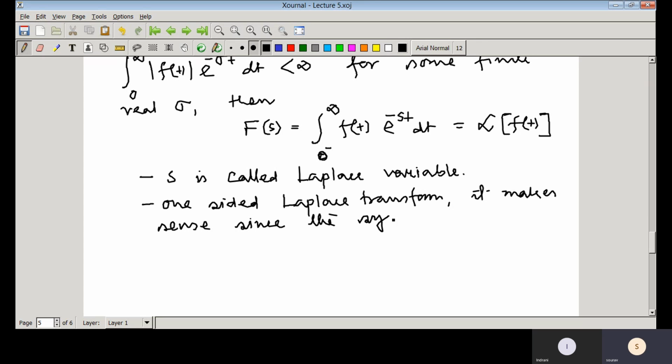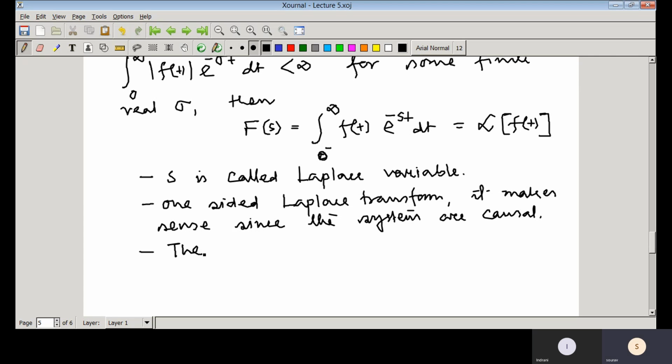I think you all know what causal systems are. It depends on the present and the past. It does not depend on the future.